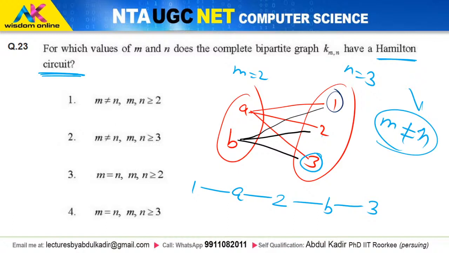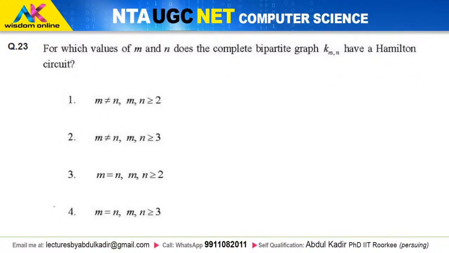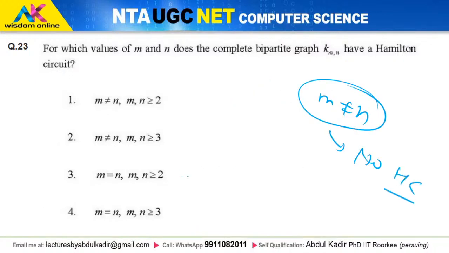Remember, there is a Hamiltonian path, but this is not a Hamiltonian circuit. Hamiltonian circuit means Hamiltonian cycle. So when m is not equal to n, there is no Hamiltonian circuit.